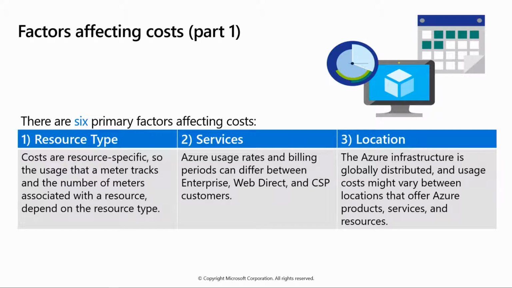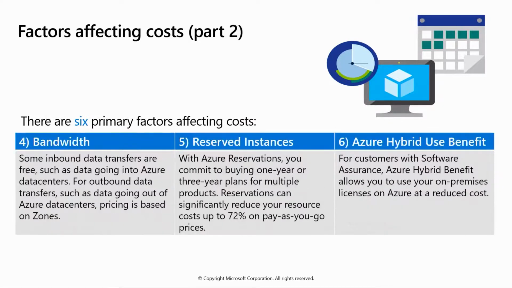Now, when we talk about resource type, services, and locations, those have a definite direct impact on your spend or on your cost. But we also need to take a look at bandwidth, depending on how your data transfers are going. There is something that we call billing by zones, and different regions and geographies are organized into zones. Essentially, whether you have outbound or inbound data transfers outside of your zones, there can be additional charges.